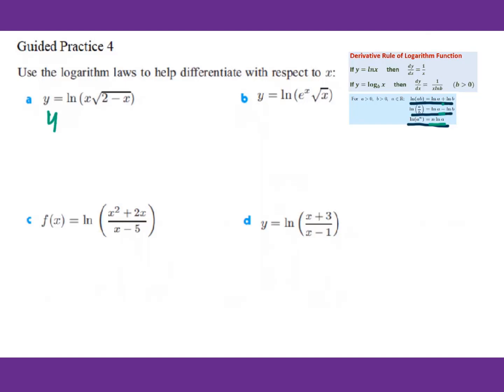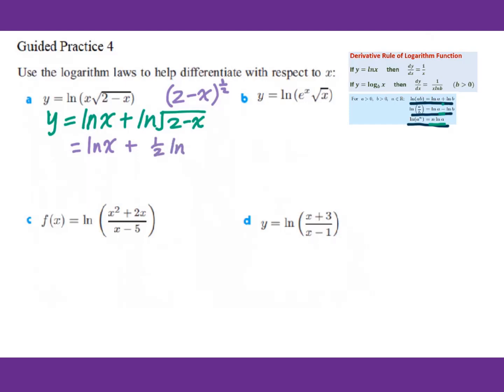For the a, first of all, I will do the expansion. Natural log of x plus natural log of square root 2 minus x. Since 2 minus x to the 1/2 power means square root of 2 minus x, you can write down natural log of x plus 1/2 natural log of 2 minus x.